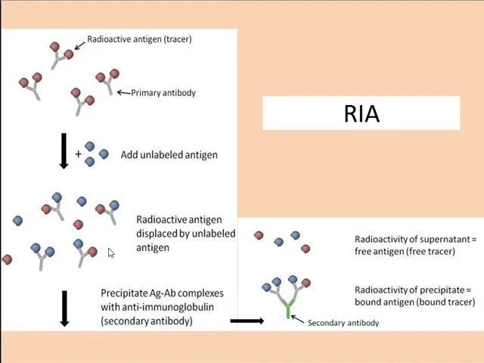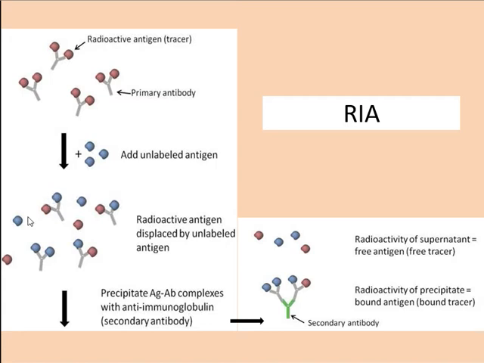So you have to separate the antigen antibody complexes from this free antigen. You can separate them by centrifugation. When you centrifuge, you will get a pellet as well as a supernatant.